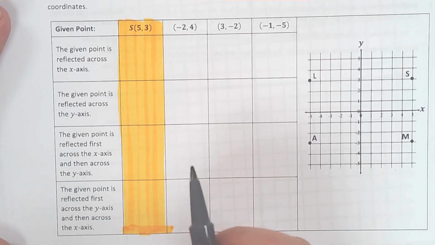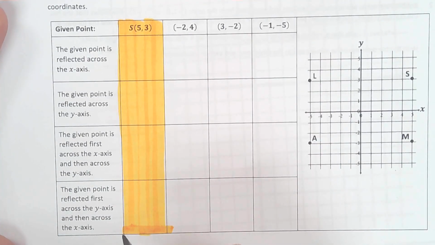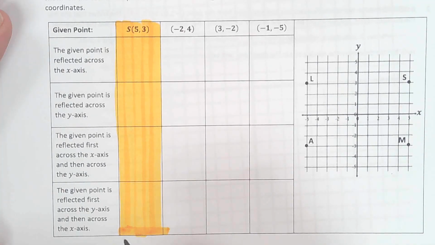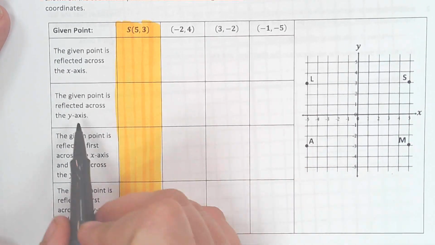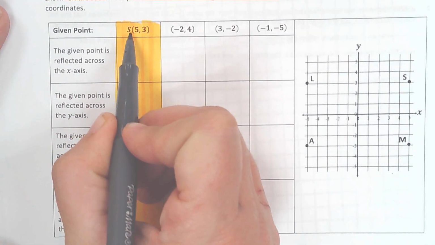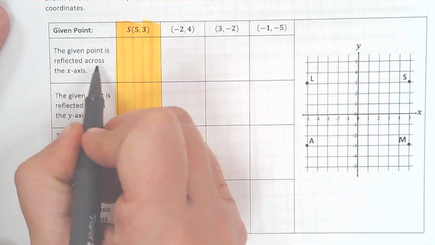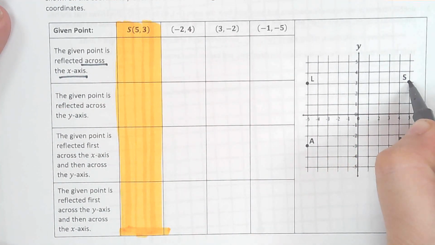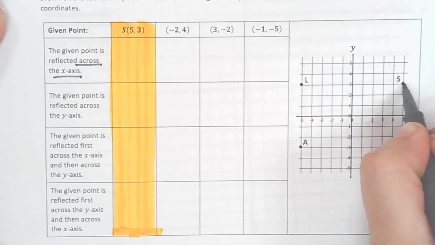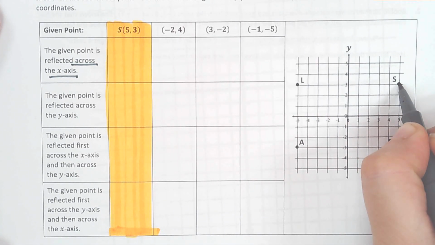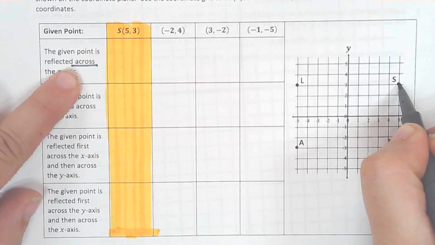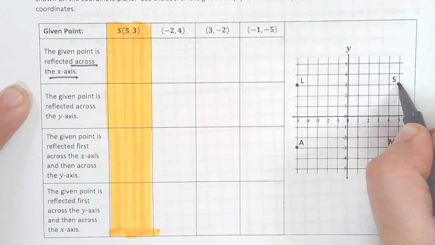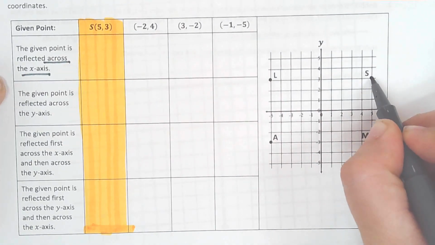If it's a positive 5, a positive 3, I know it lives in quadrant 1. Well, now it says take that given point and reflect it across the X. If I'm at S, which is (5, 3), so everybody, I want you to watch what I'm doing. If I'm at S and it says reflect across the X, I have to cross the X. So watch.